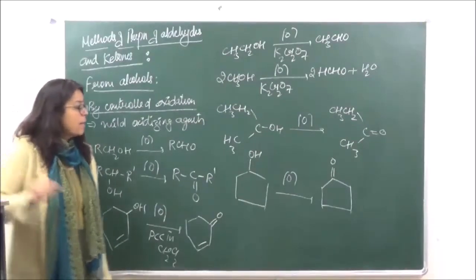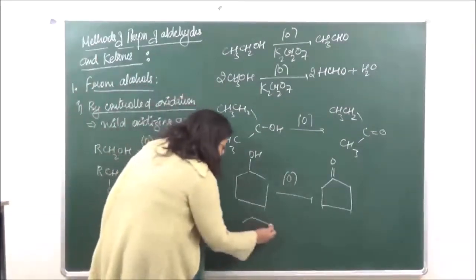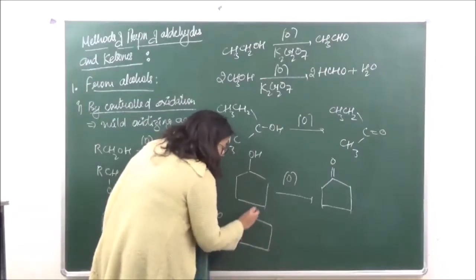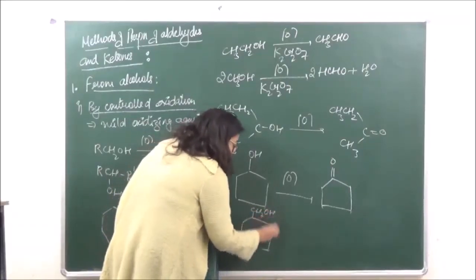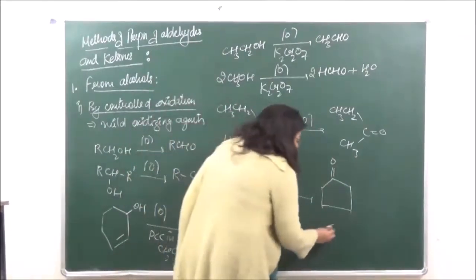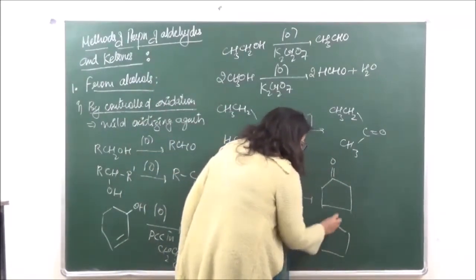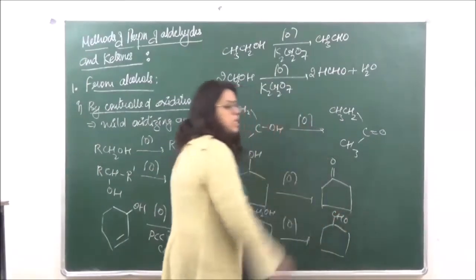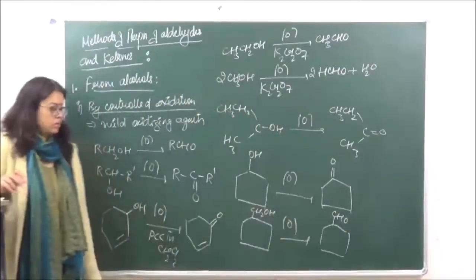But if we have a compound of the type, and we are doing the oxidation of this, it is going to give us an aldehyde, CHO.